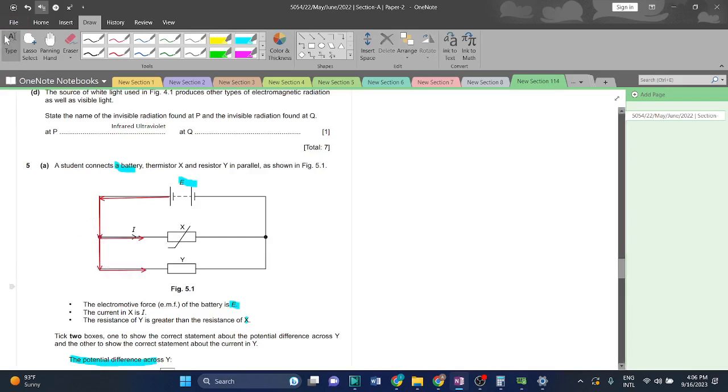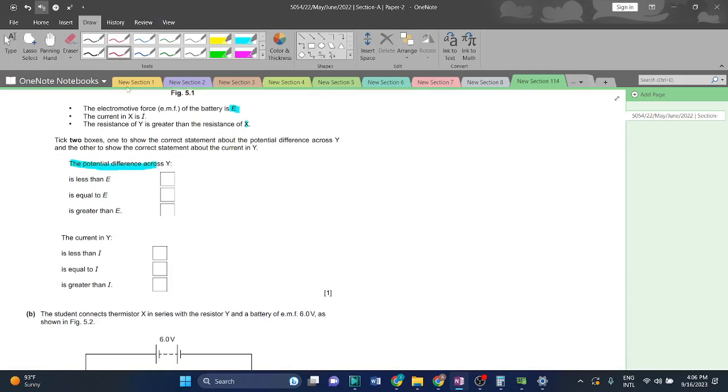Let's assume 12 volts is coming from here, so 12 volts will go here and 12 volts will go here too. That's how it goes in parallel. As opposed to if they were connected in series, there would be a small drop here and a small drop here. But since they are in parallel, it is the same in every branch. So yeah, we can write same, equal to.